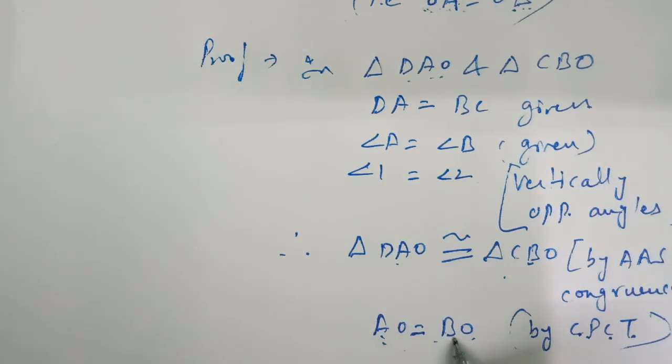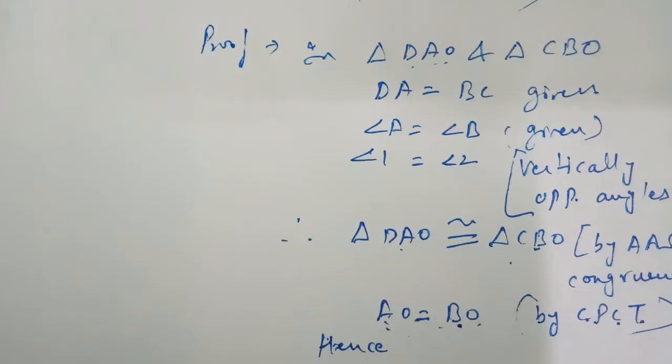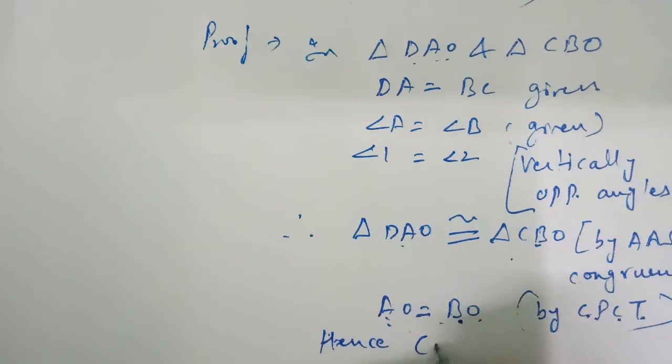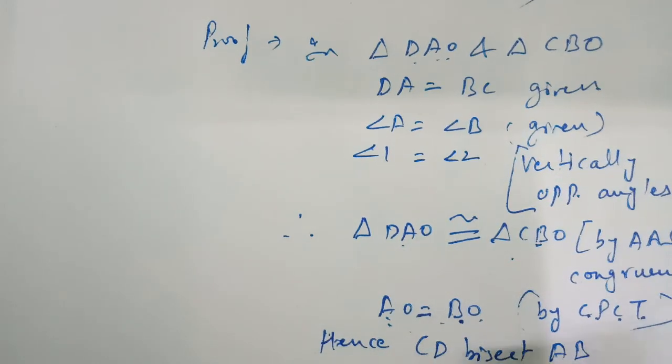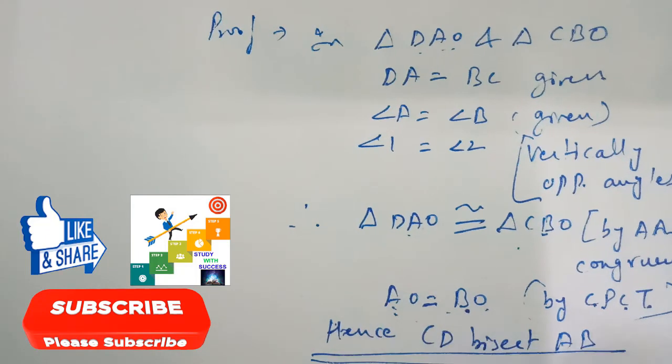And when these two are equal, we can say CD bisects AB. So thus, hence CD bisects AB. So this is the required which we had to prove. Thank you.